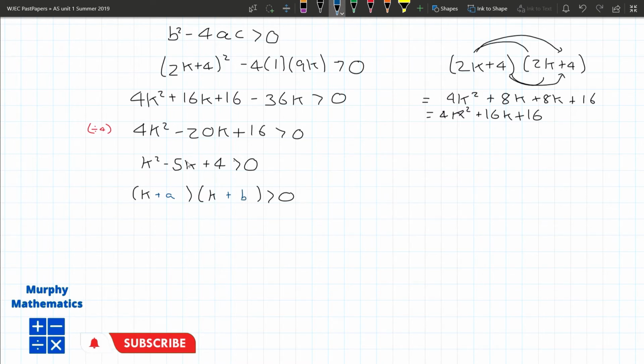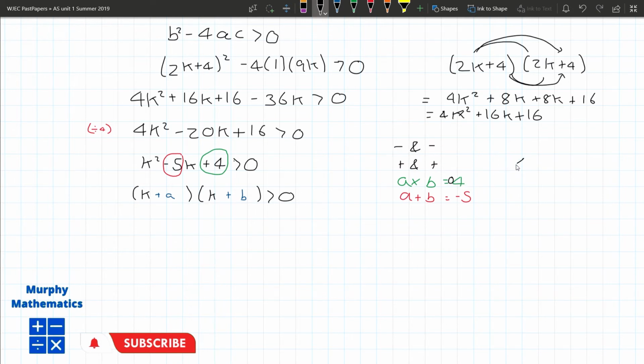Okay, so I know my two equations for this quadratic to factorize. I know a times b equals 4, and I know a plus b equals minus 5. Okay, so to tackle this, because I've got a positive a times b, that's going to be a positive and a positive, or a negative and a negative.